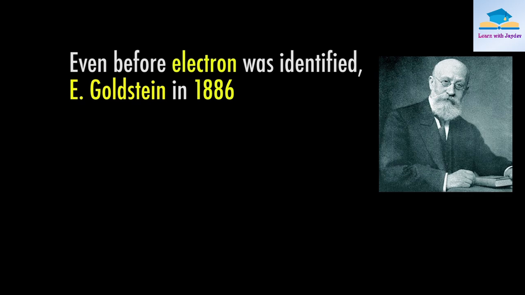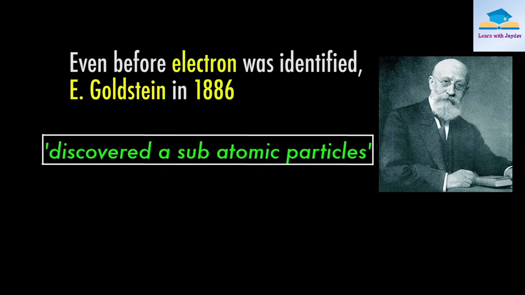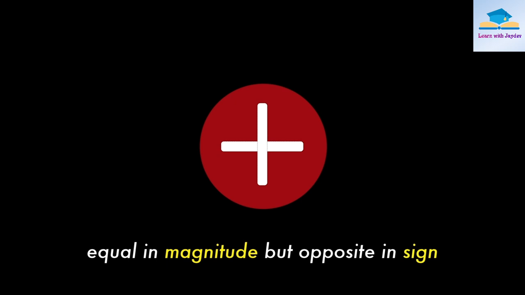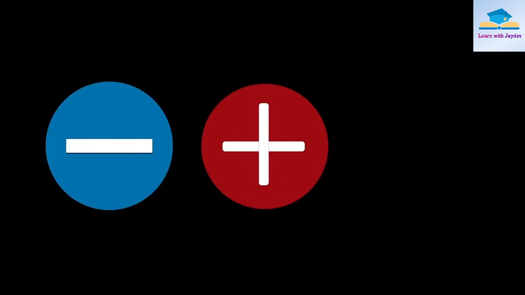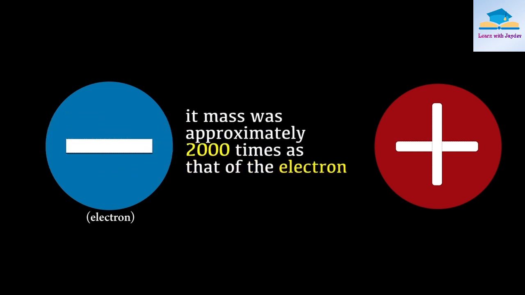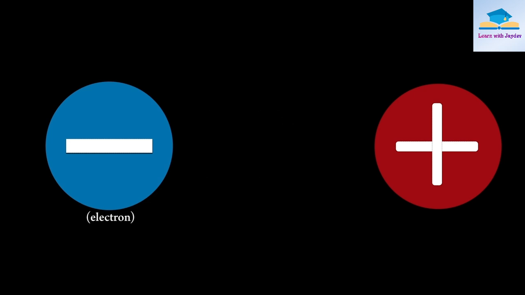Even before the electron was identified, E. Goldstein in 1886 discovered a subatomic particle which had a charge equal in magnitude but opposite in sign to that of the electron. Its mass was approximately 2000 times that of the electron. It was given the name proton.